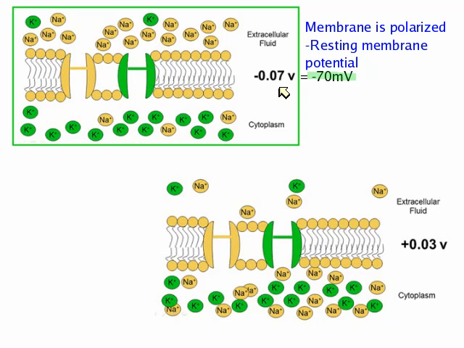At some point in time, what ends up occurring is we lose that membrane potential. In other words, we no longer are polarized. And that's what we see happening in picture 2.